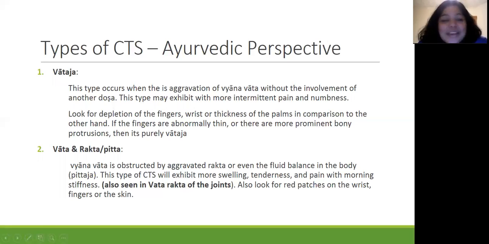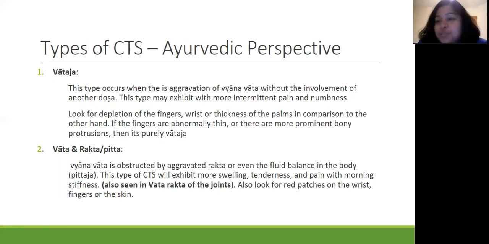Okay, so the types of carpal tunnel syndrome, if we want to look at it from an Ayurvedic perspective. And again, this is more of an interpretation. This is not in the textbook. While I was writing up these notes and making this PowerPoint, it became very apparent that you can consider them as two types of carpal tunnel syndrome from an Ayurvedic perspective.